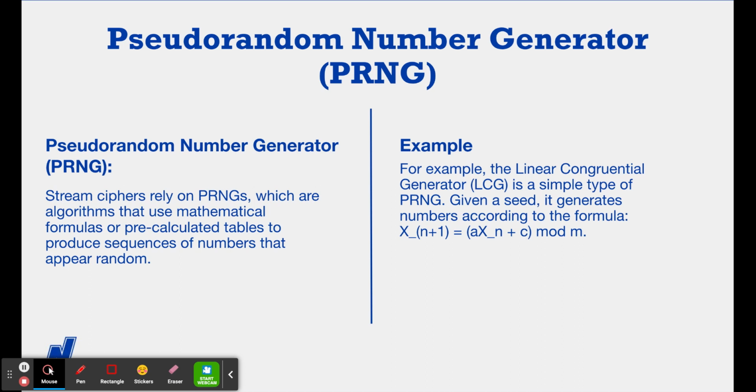Given a seed, it generates numbers corresponding to a specific formula involving constants and mod operations. When we talked about modular arithmetic, this helps us understand its use within pseudo-random number generation. The output may appear random, but it is entirely deterministic and will reproduce the same sequence if reseeded with the same value.